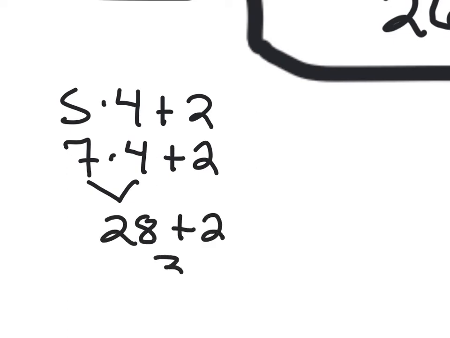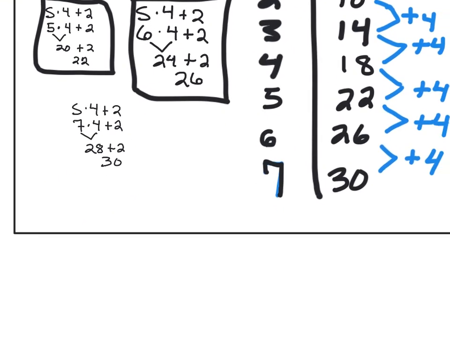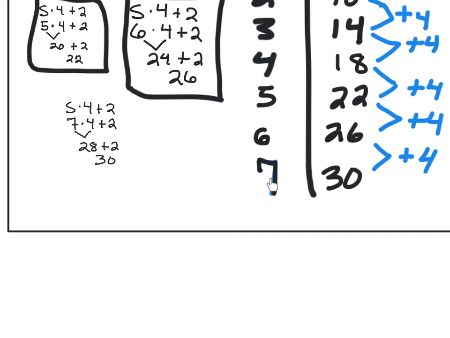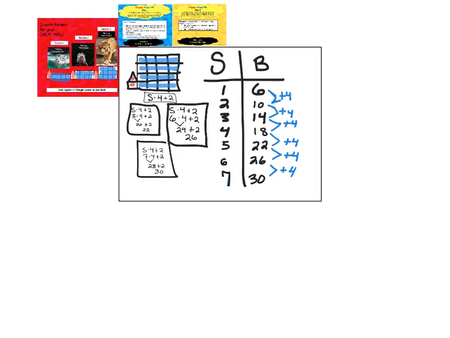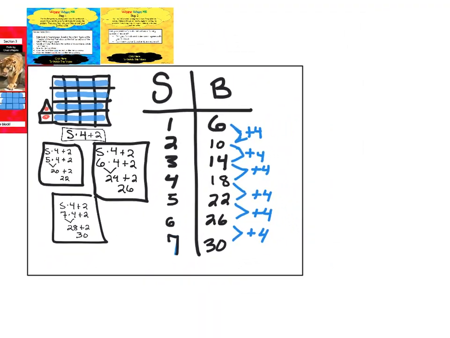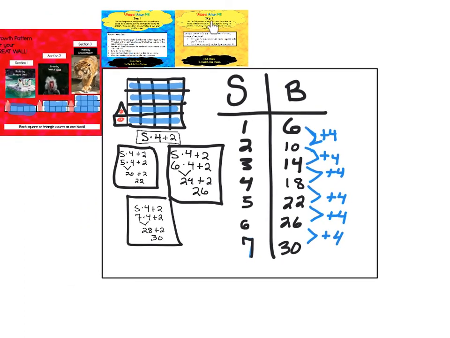And that will give me a grand total of 30. And lo and behold, my friends, how many blocks are needed for figure number 7? 30 blocks. So once again, this works, and that is perfect. That is all you had to do for step 2.